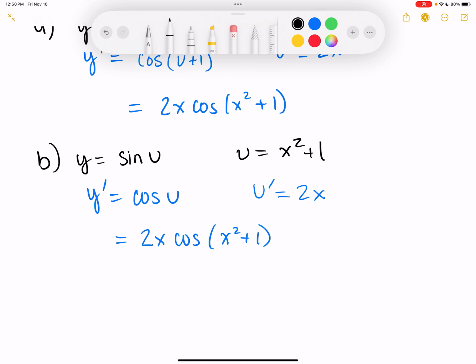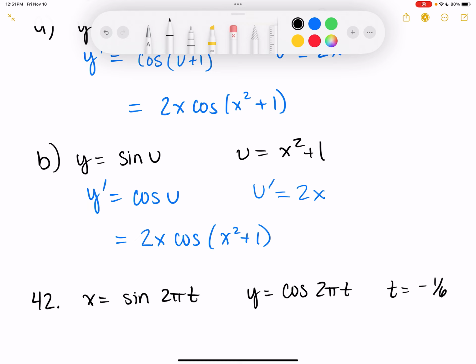All right, now we're going to find the equation of the line tangent to the curve defined by the given value of t. So they tell us that x is equal to the sine of 2 pi t, and y is equal to the cosine of 2 pi t, and t is equal to negative 1 over 6.